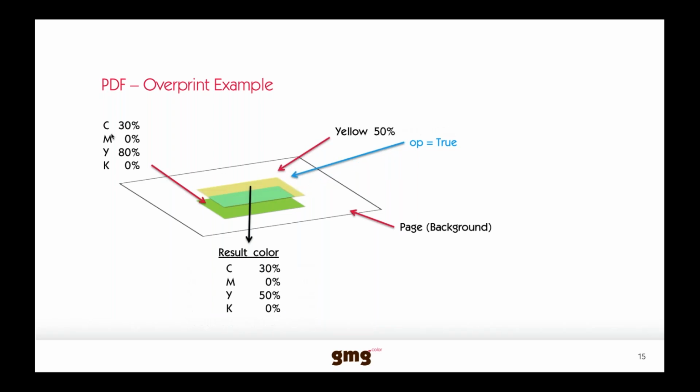But sometimes you could have this issue: you have a 30/0/80/0 CMYK color and you want to overprint with a yellow 50%, you get the result 30/0/50/0. So you see that, for example, the yellow channel is not increasing, it's decreasing. So this could also happen in the overprint.